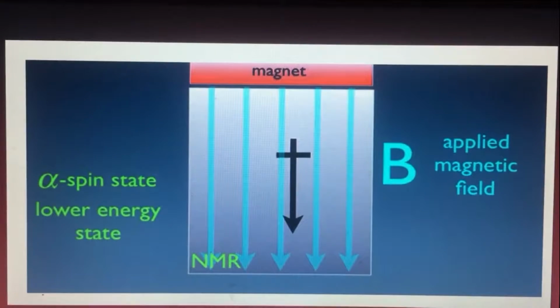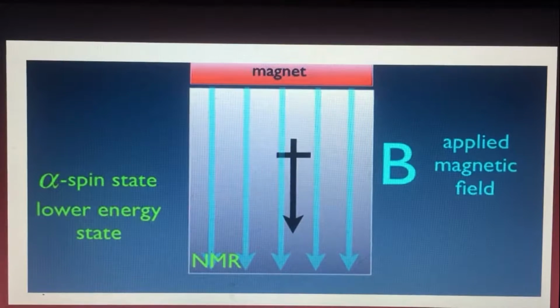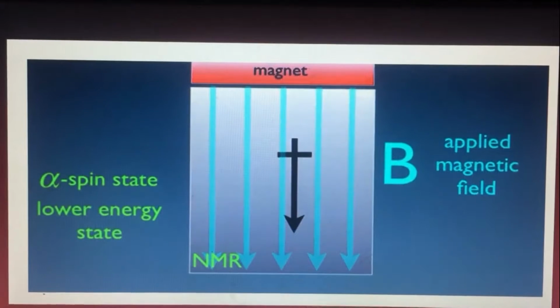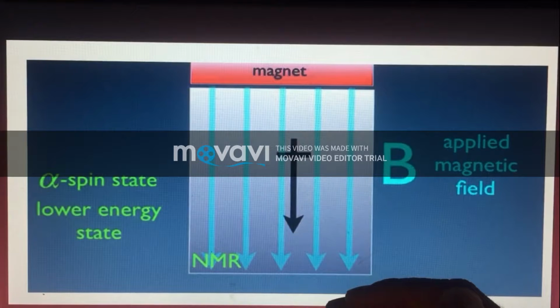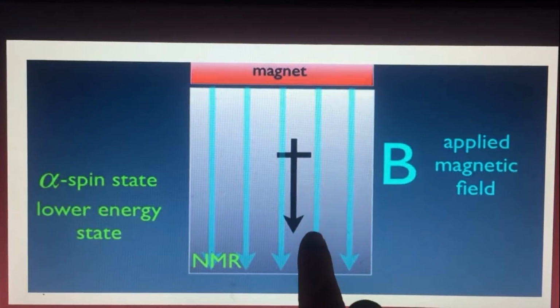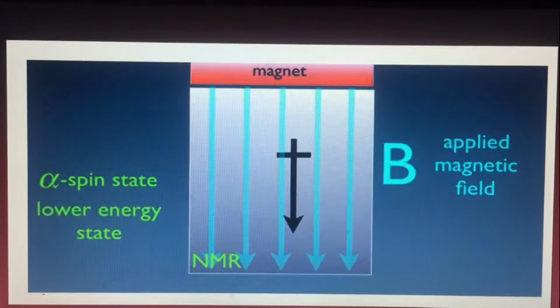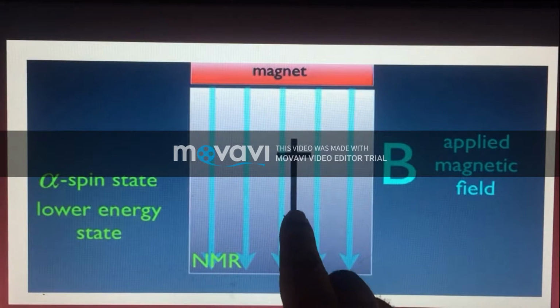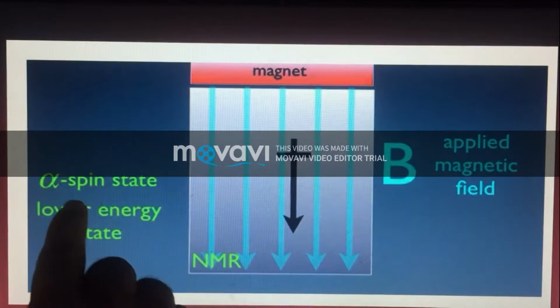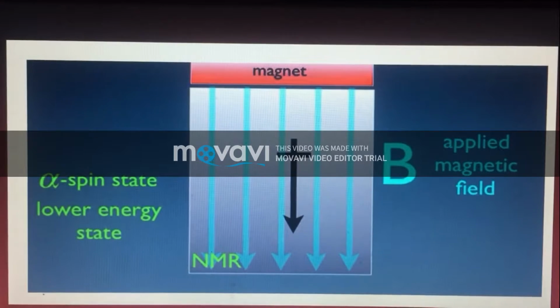Okay. Let's say this black one is a nuclear magnet, and the blue one is the external magnetic field we applied. When we apply a magnetic field, the nuclear magnet will orient in the direction of the applied magnetic field. This state of the nuclear magnet is said to be the alpha spin state.